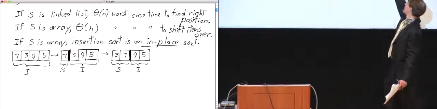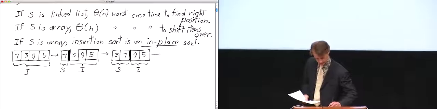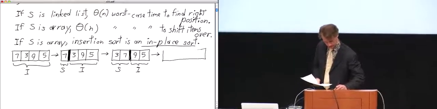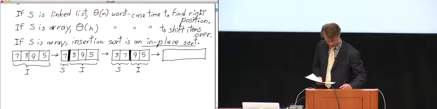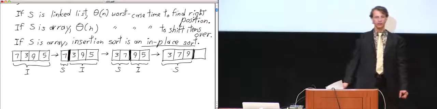Now I'm going to do it again. I'm going to take the next item, the 9, and I'm going to insert it into the sorted part of the array. And I have to insert it in its proper place. So now I've got the sorted part of the array. I've just inserted the 9 in its proper place.